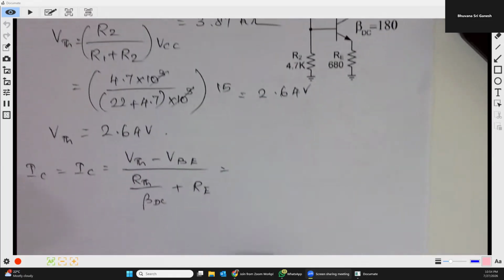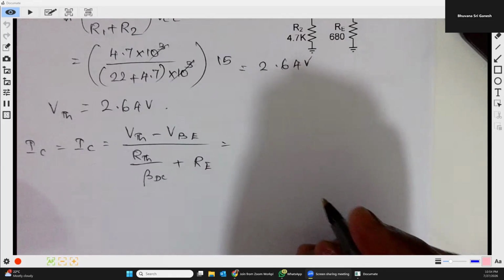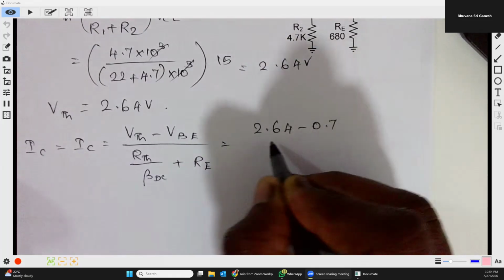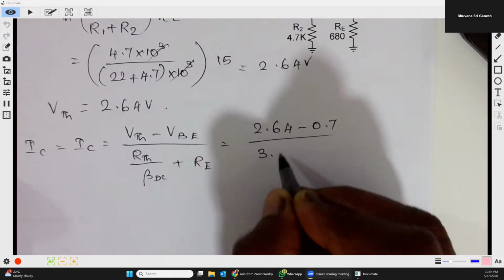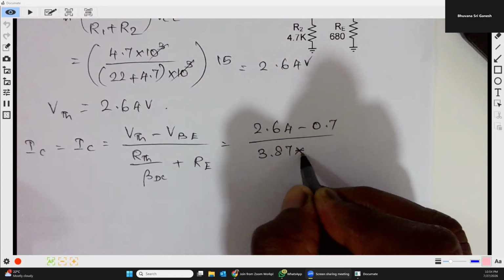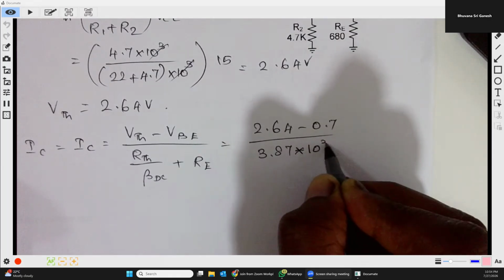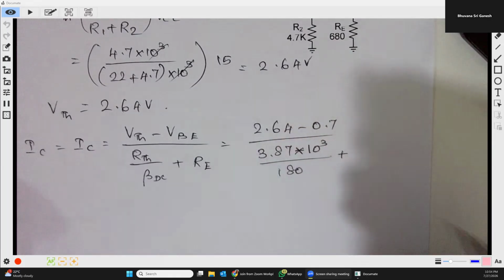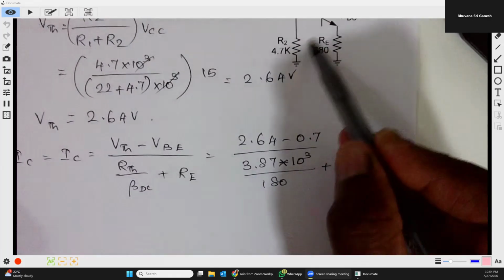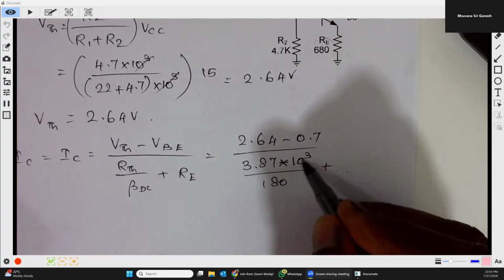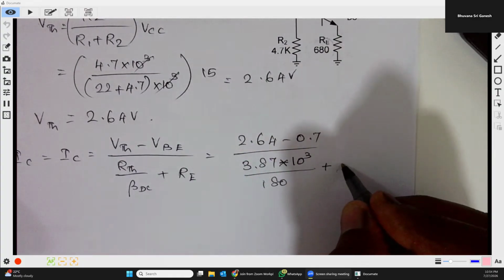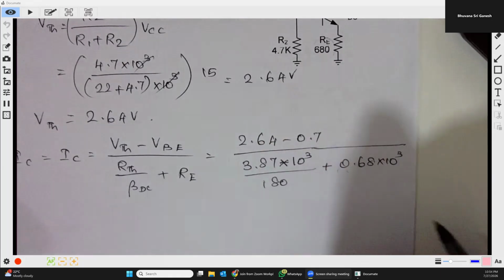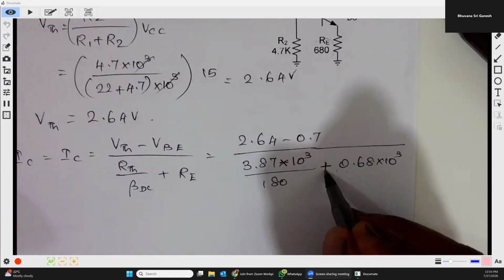So VTH we got to be 2.64 minus VBE is 0.7, RTH is 3.87 times 10 power 3 because it's kilo, divided by beta DC 180, plus RE is 680 ohms. If I add 680, then you have to convert it into ohms, otherwise it is 0.68 times 10 power 3, 680 ohms in kilo, so that we can add them straight.